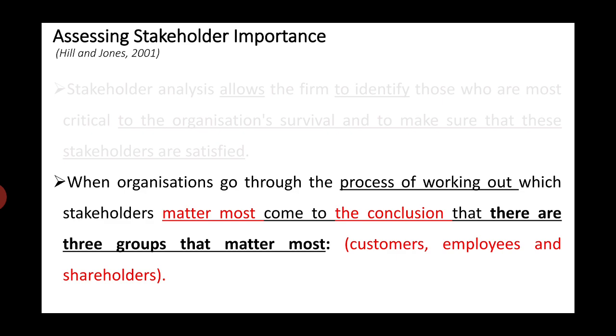Go back to the circle, slide number 6, and highlight those three. Use the highlighter to highlight those three important stakeholders. Why? Because we will need them later when we go to the diagram. Come on, I'm giving you a second to highlight them on slide number 6. Customers, employees, and shareholders.